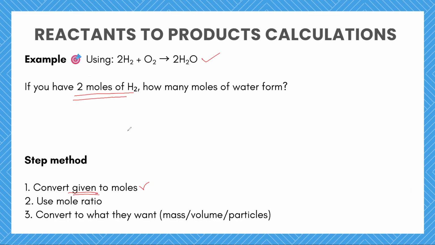Now, fortunately, the value that we were given was already in moles, so we do not need to take that step. The next step says to use the mole ratio. How do we do that? Now watch this. They said if you have 2 moles of hydrogen, so we have hydrogen, how many moles of water will form?